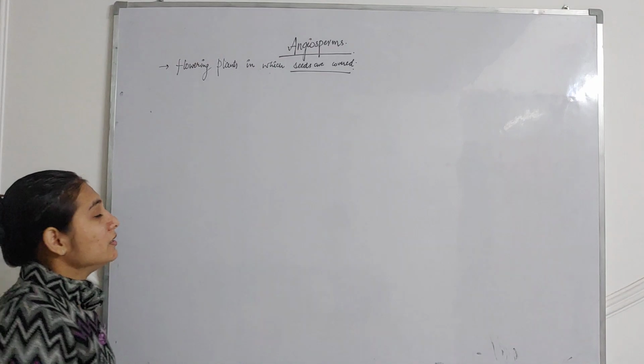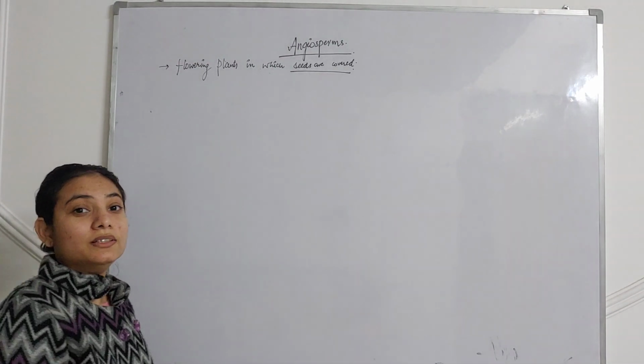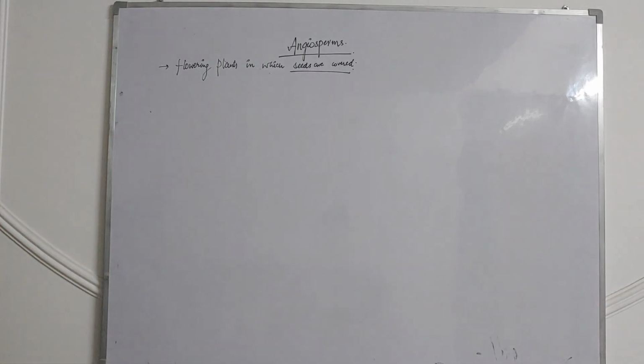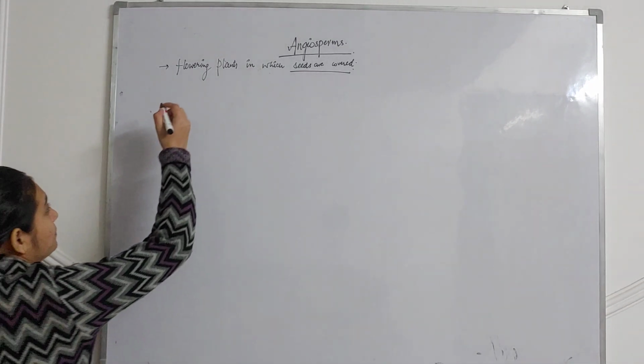Earlier, as we have seen in gymnosperms, seeds are uncovered before and even after fertilization. But in angiosperms, seeds are covered.